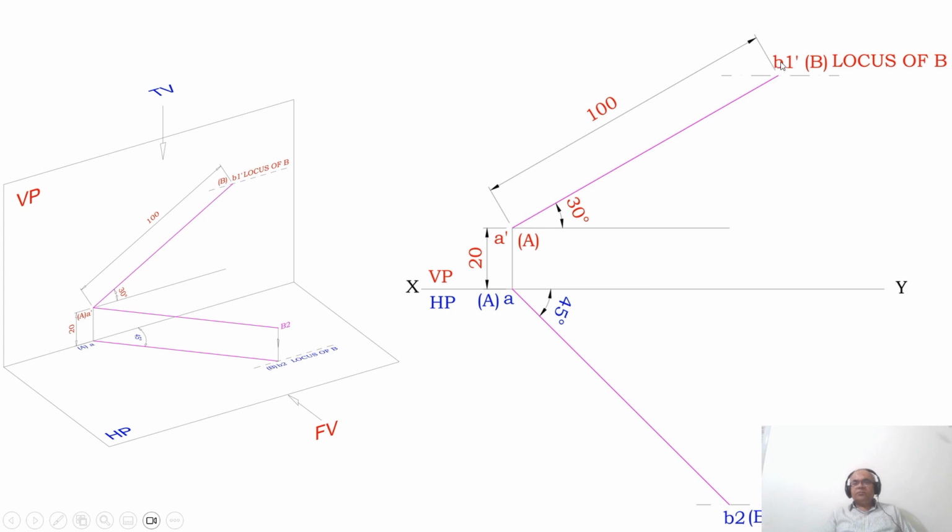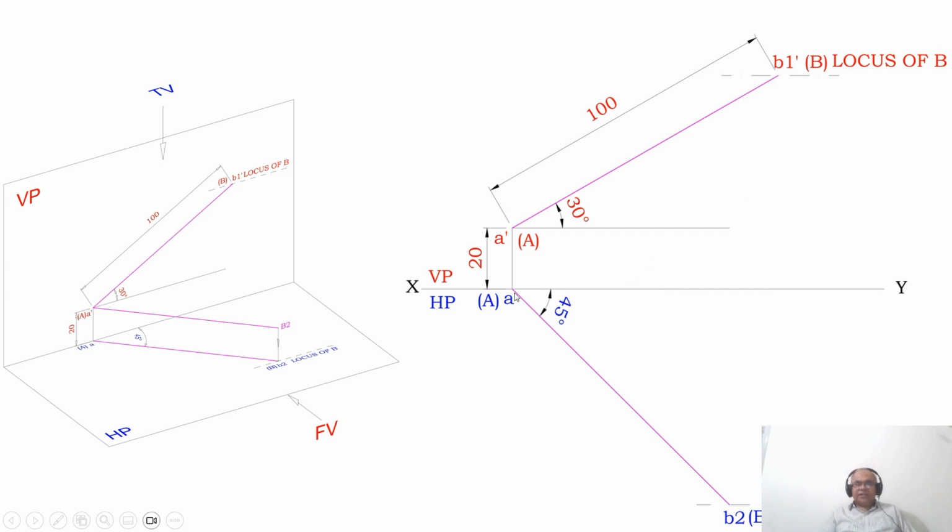Since it is the true length, you are going to get B1 dash, because I am considering this as the first line. So B1 dash, and you draw a locus, and since it is the true length, you write capital B, and this is the locus of B, where the front view point of the line B will lie.